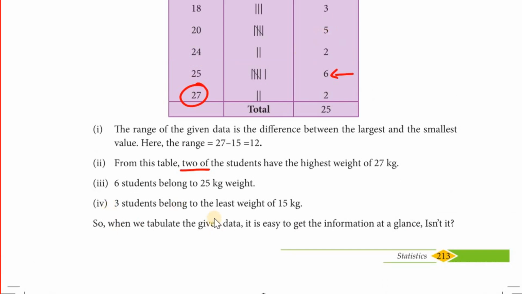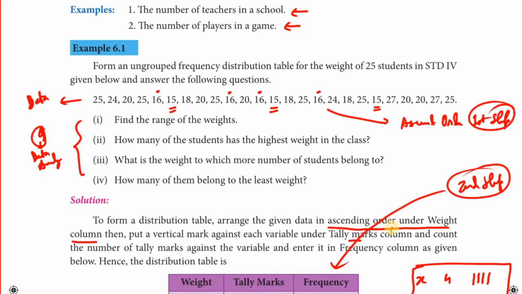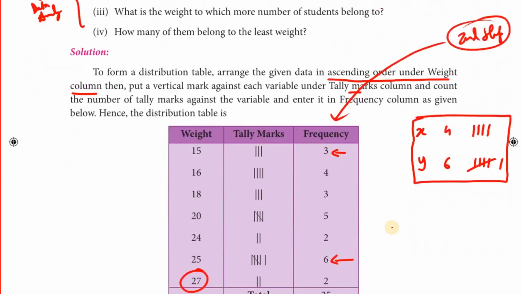So when we tabulate the given data, it is easy to get the information. What's the basic idea? If we just look into the data, we will not be able to do data analysis and give answers to these questions. So we have to go through 2 steps. The first is writing in ascending order, and the next step is to draw this table.